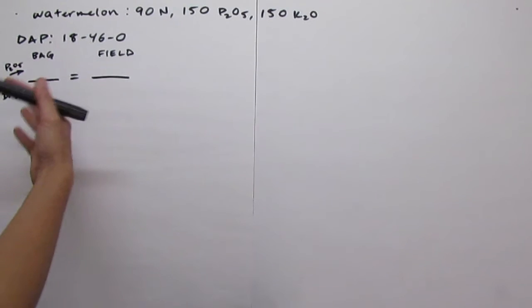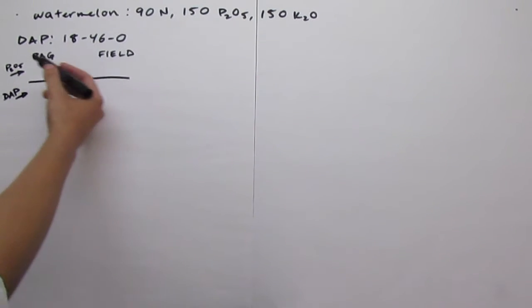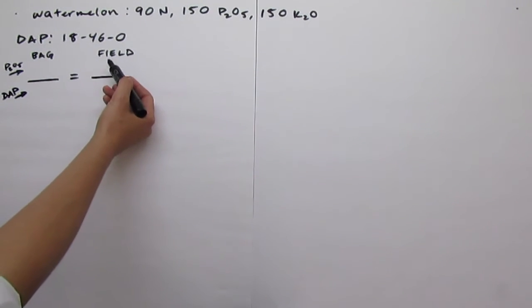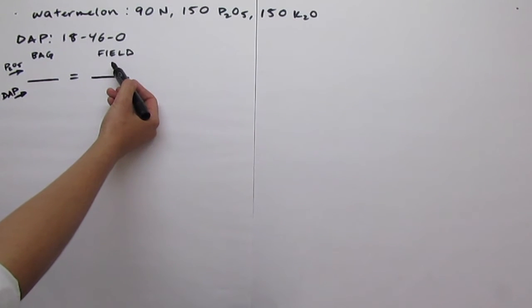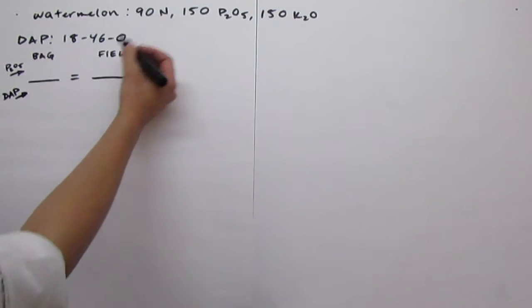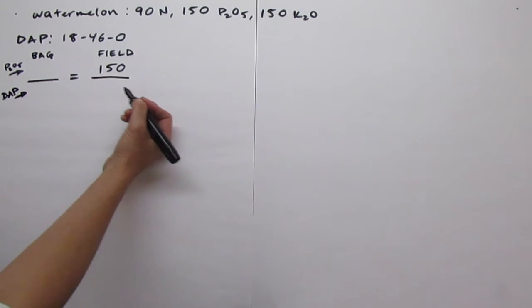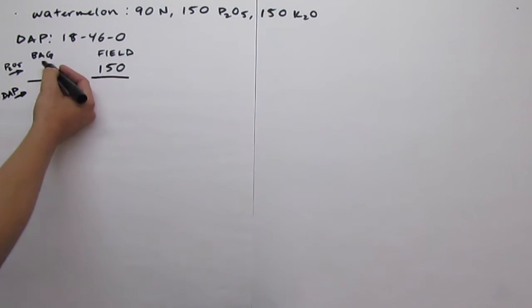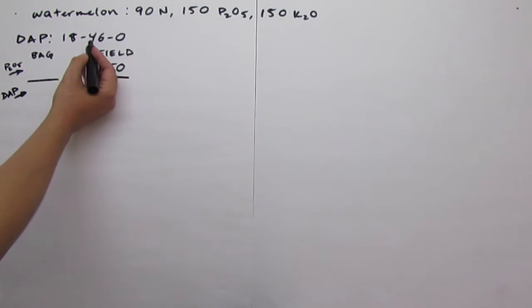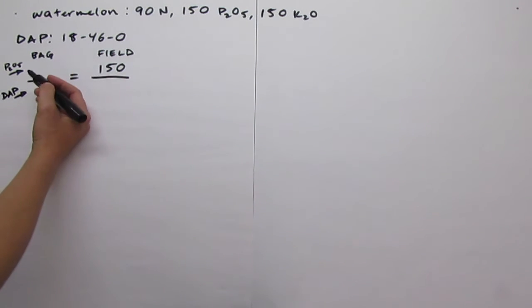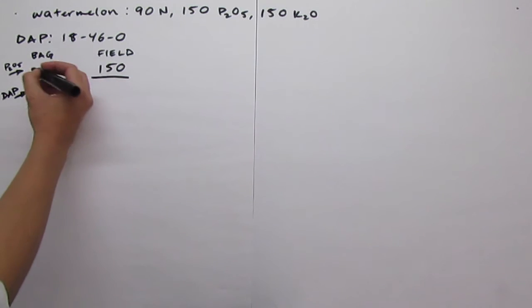Based on what I have here, I know how much P2O5 I want to end up on my field, right? That's my recommended amount. So my 150 pounds per acre of P2O5, I'm going to place right here. What's in the bag? I know that as well because I have it from the fertilizer analysis. It tells me that it's 46% P2O5.